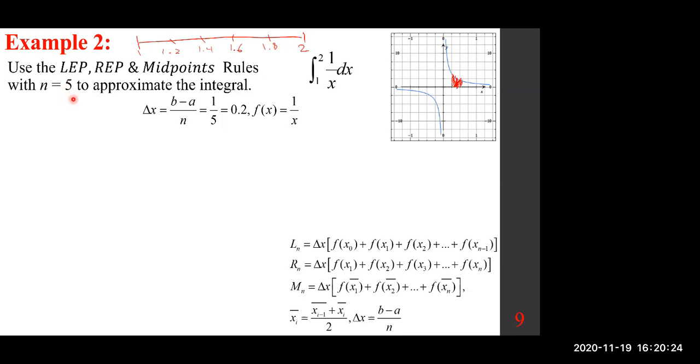I don't even really pay attention to that because my line segment is really helpful for me. So it will be delta x, which I have as 0.2, times f of, I use all of these points except the last one. So I want f of 1, f of 1.2, and what is f, by the way? 1 over x. So 1 over 1, 1 over 1.2, and so on and so forth.